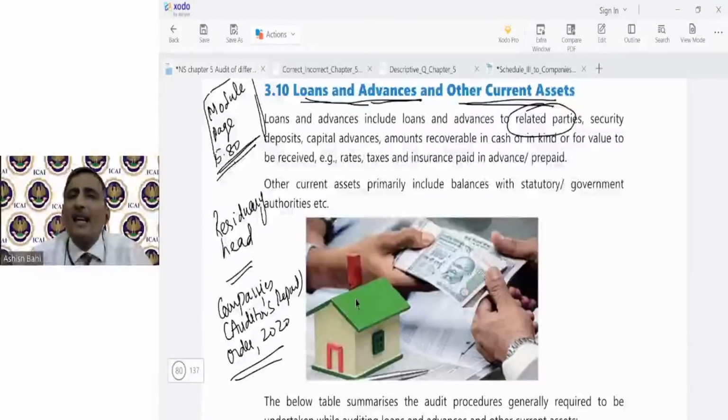Obviously in exams at the intermediate level, no such deep diving is expected from students. So at least once go through all disclosures and remember the main things, and then you develop an ability in yourself to judge the things also.